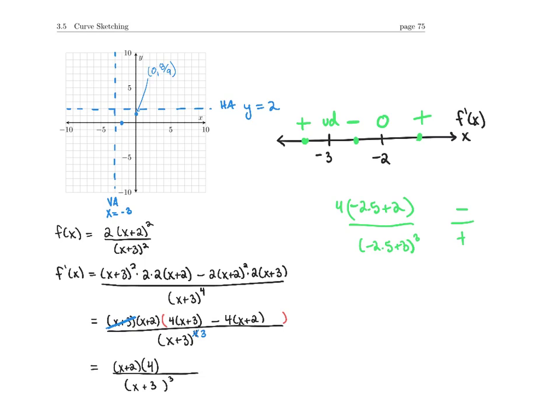Okay, so what do those things mean about the function? Well, at -3, we have a vertical asymptote. So even though we have a sign change in my derivative, that is not going to lead to an extrema. But at -2, we have a function that changes from decreasing to increasing. So at -2, we are going to have a local minimum.